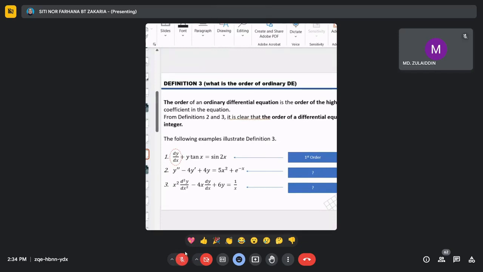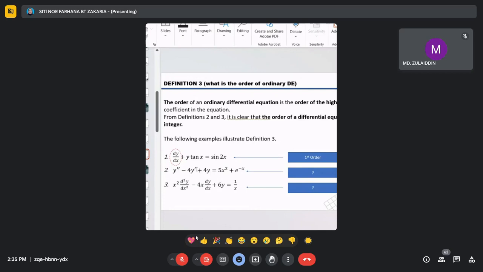And then the third one is second order because you have y double prime. Actually, a DE can also be written with y prime for first order and y double prime for second order.